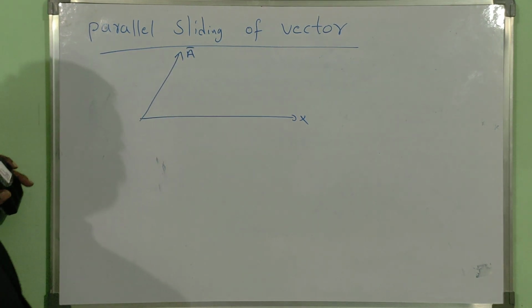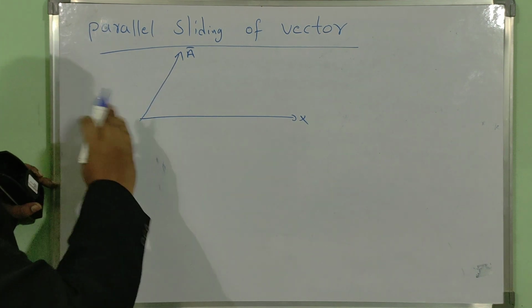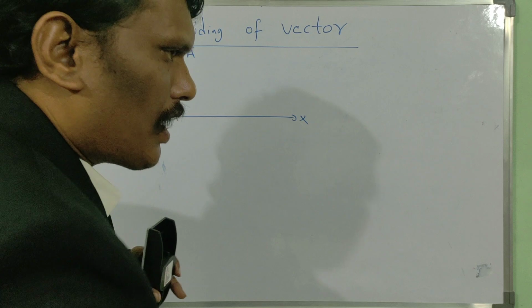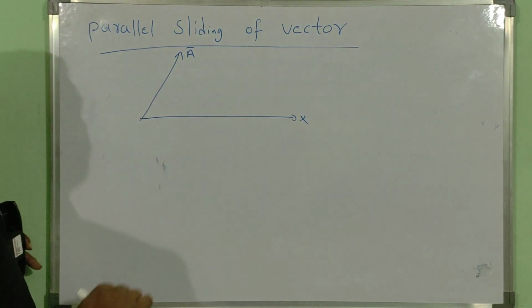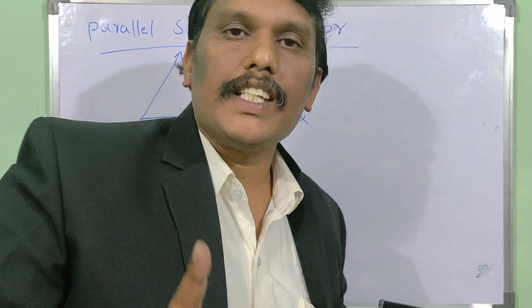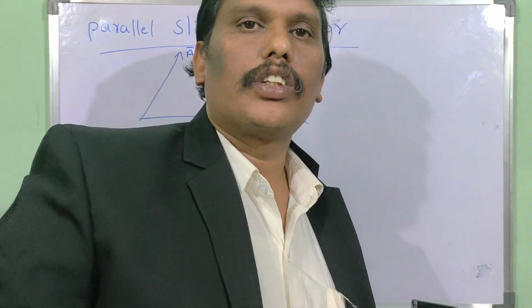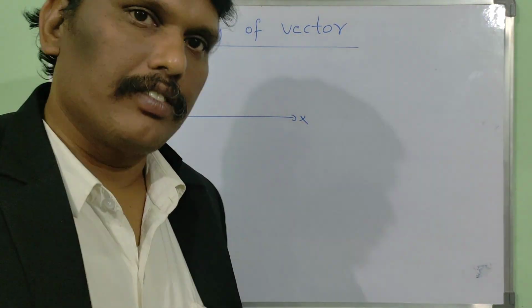So I am going to do parallel sliding. Parallel sliding means the vector slides to any position. From this position, this vector can slide to any position without changing the angle. Then we call it parallel sliding.